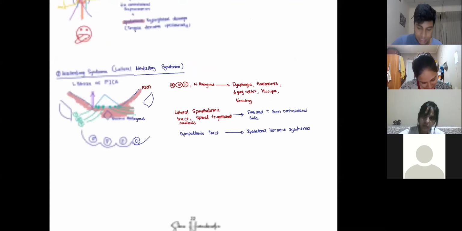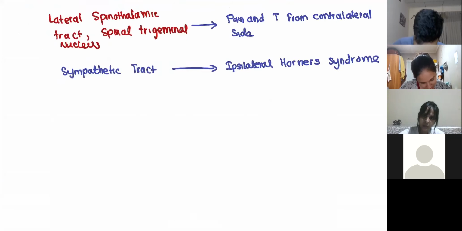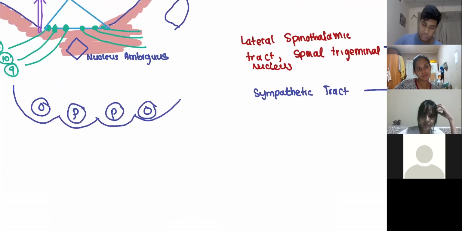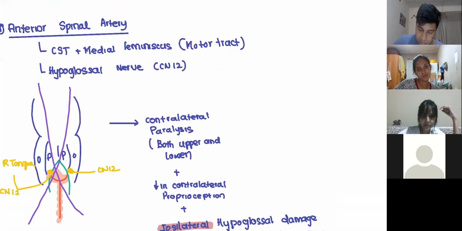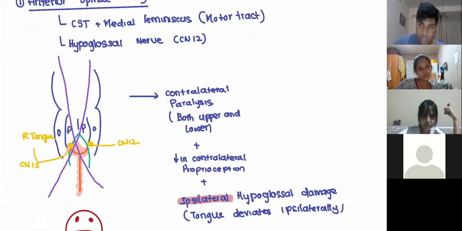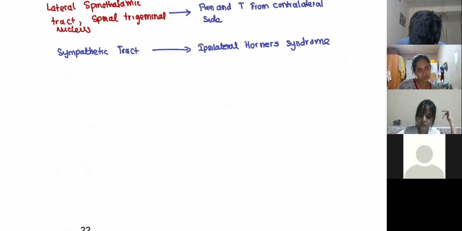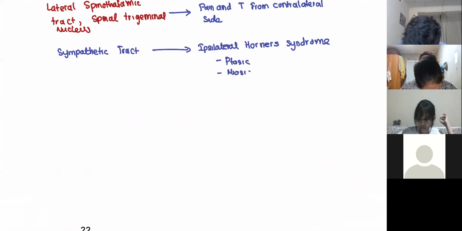I have explained this. The reason why we get Horner syndrome is that from the level of T1, you have the sympathetic tract starting that gives innervation to cranial nerve 3 and cranial nerve 5A. That can lead to drooping of the eyelid, miosis and anhidrosis.